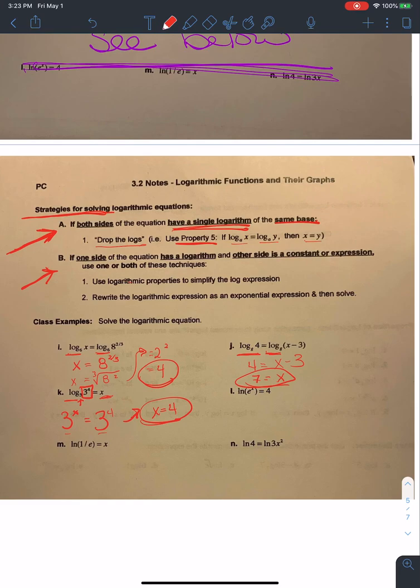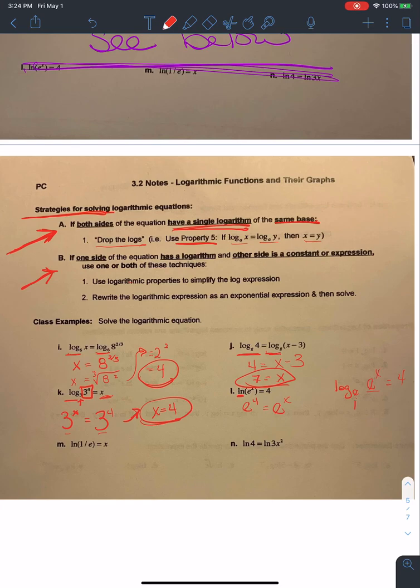If I'm looking at letter L, analyzing this one, I don't have a log on both sides, so I'm using strategy B. I'm going to use some log properties to simplify. So I'm going to have e to the 4th power equals e to the x, and I got that because remember, this is the same thing as saying log base e of a value is equal to 4, so base e raised to the 4 equals the value, and the value happened to be e to the x.